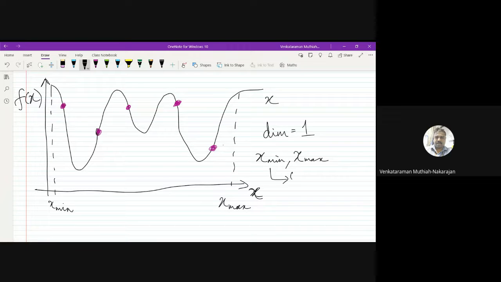This is the search space. And the vertical region of f of x, the values that f can take, all the allowable values of f, is called the solution space.